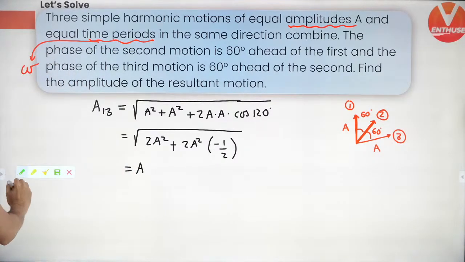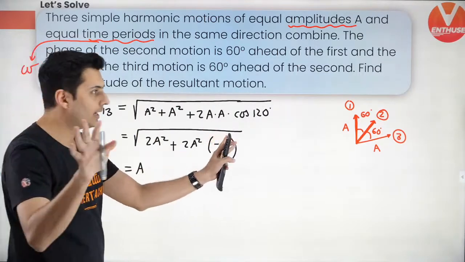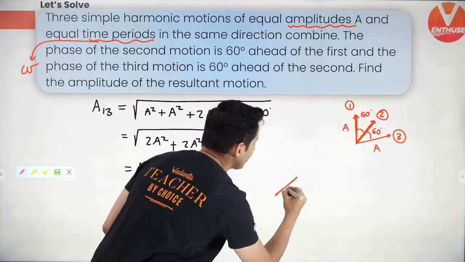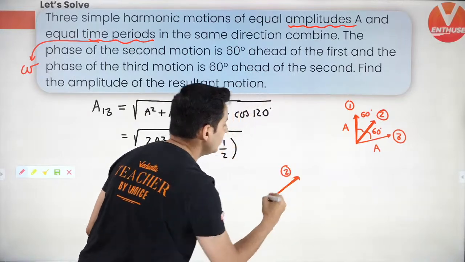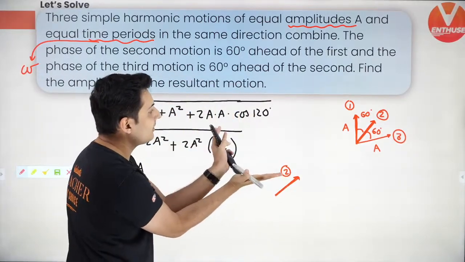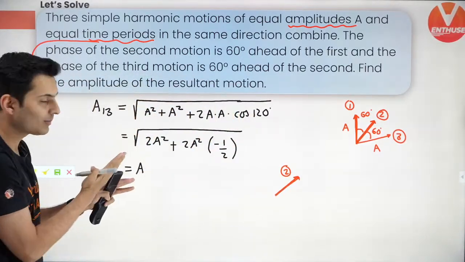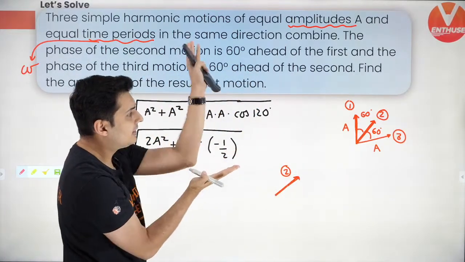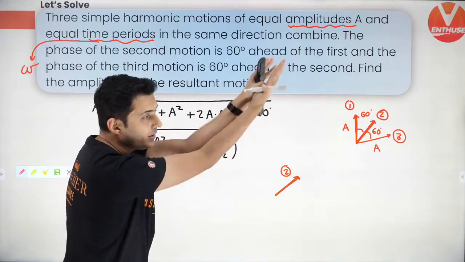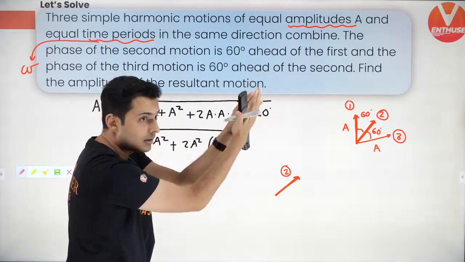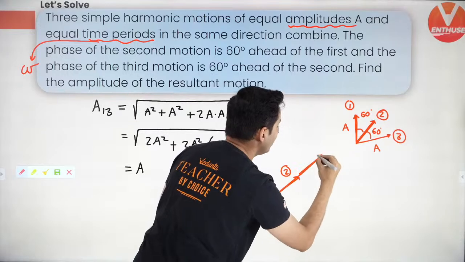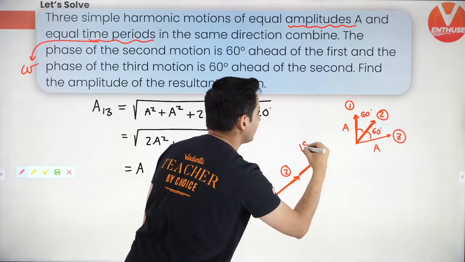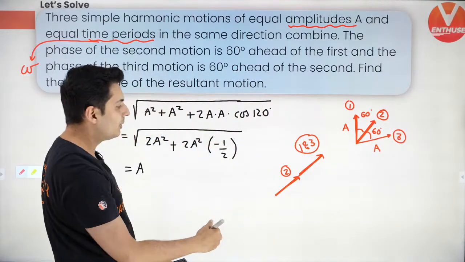Now 1 and 3 are already taken care of, so the only thing remaining is 2. The resultant of 1 and 3 was also A. So what will be the direction? By symmetry, the resultant of 1 and 3 should lie on the angle bisector, so it will be in the same line as 2.